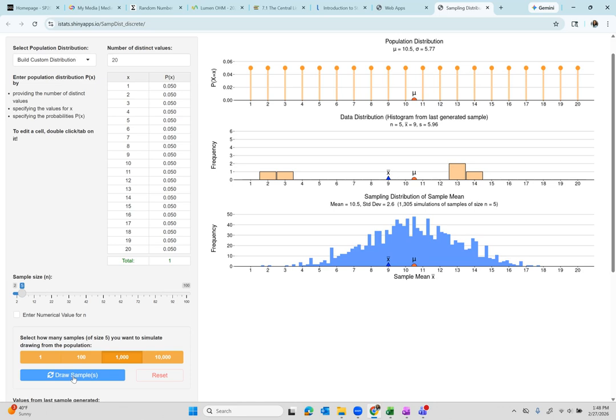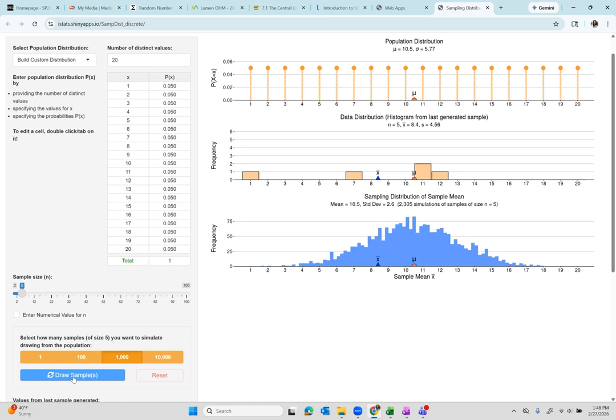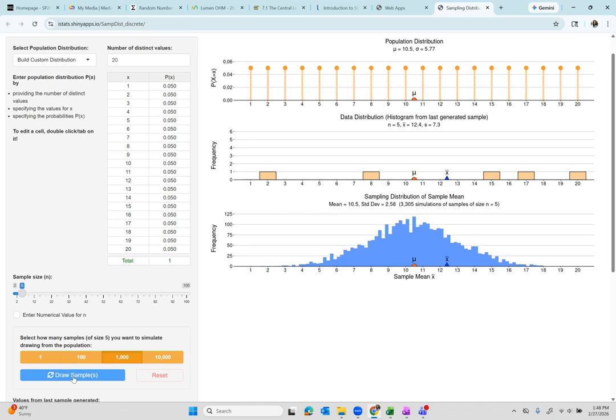Let's do 1,000 samples. So what do we see? We see that as we collect more and more samples, even though individual means have a deviation from the actual mean, the distribution of those means again collects around the mean of the population and creates a normal distribution, a bell-shaped curve that is approximately symmetric.